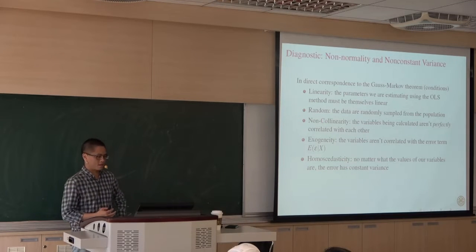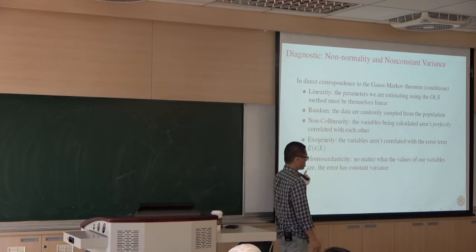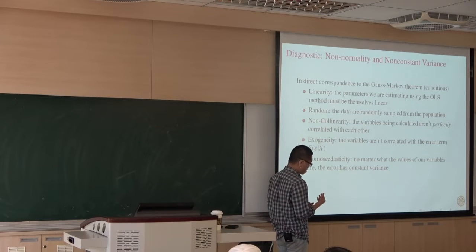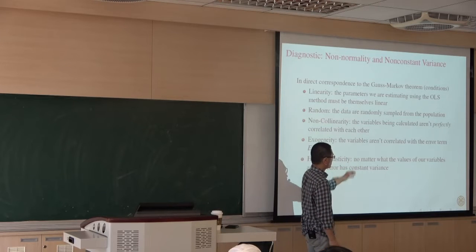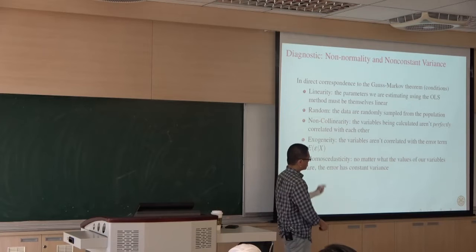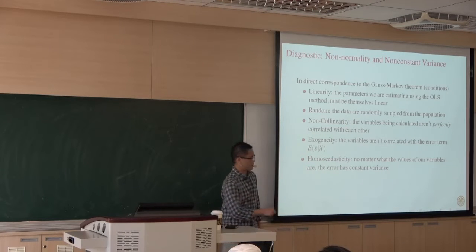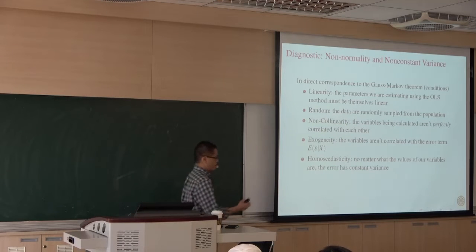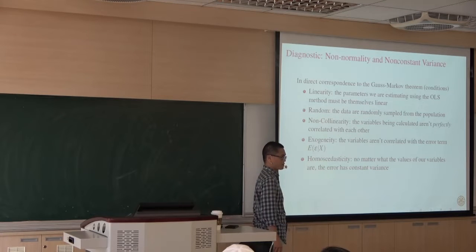The next one is exogeneity, meaning that the explanatory variable that you put as your right-hand side variable, you try to explain y. They not only shouldn't be strongly correlated with each other, but also they should, to the best extent possible, have zero correlation with the error term, so that you have this zero conditional mean, meaning that the expected value of the error term conditional on the explanatory variable should be zero.